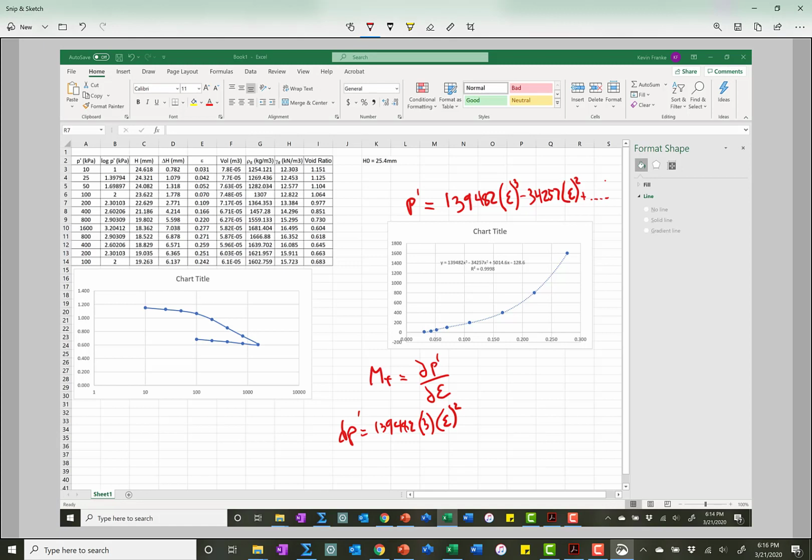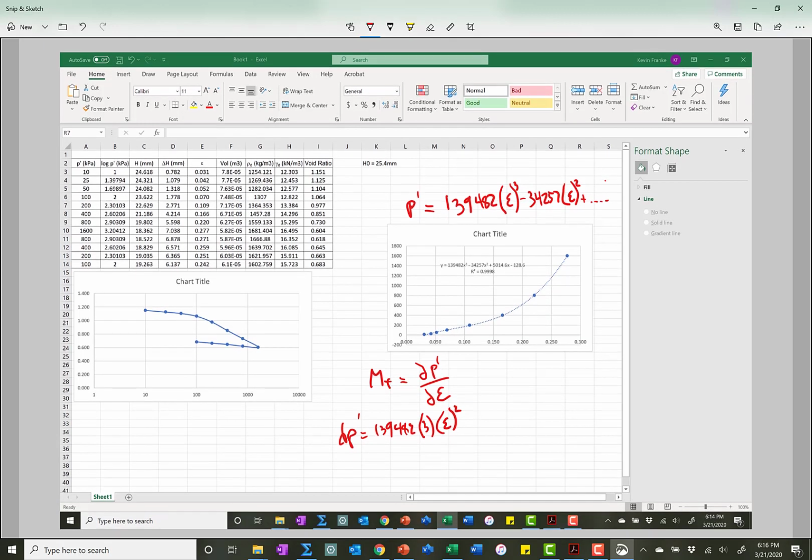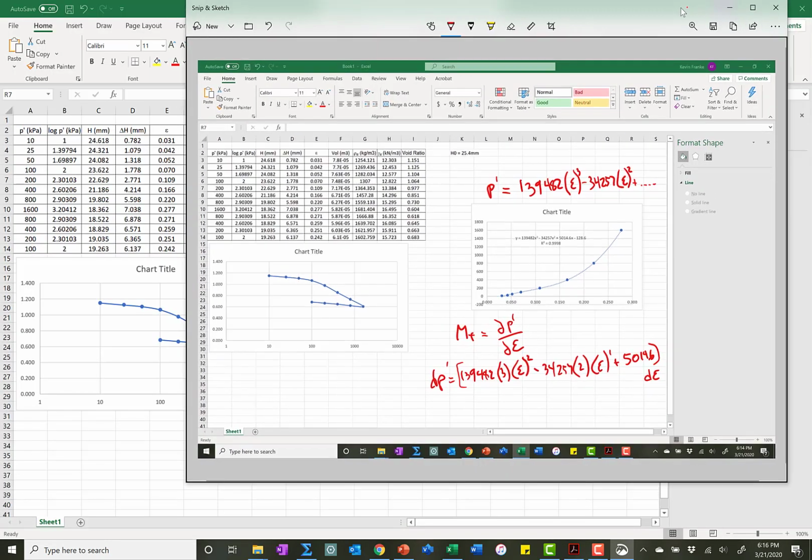So I'm just taking the derivative of a polynomial. That's all I'm doing here. Minus 34257 times 2 times strain to the 1 power plus 5014.6, and all of this times d strain.